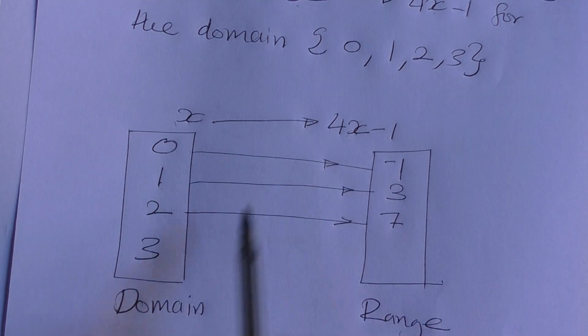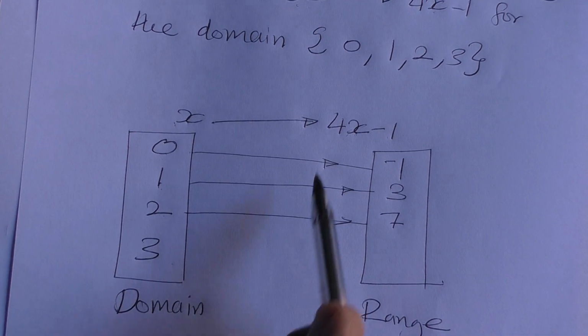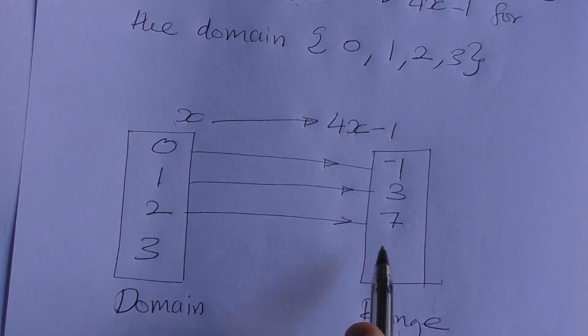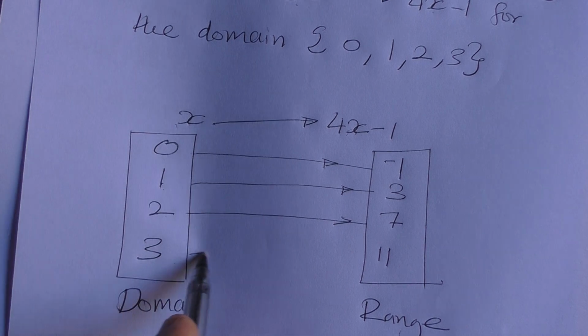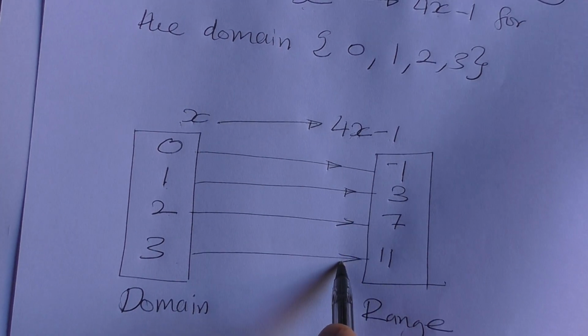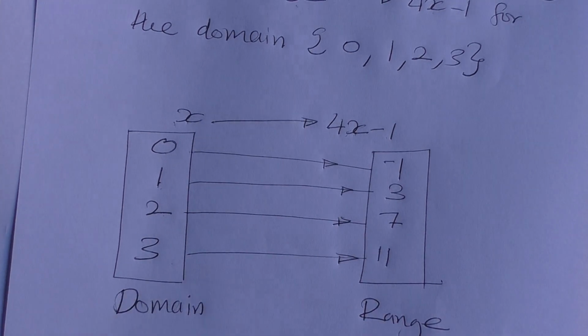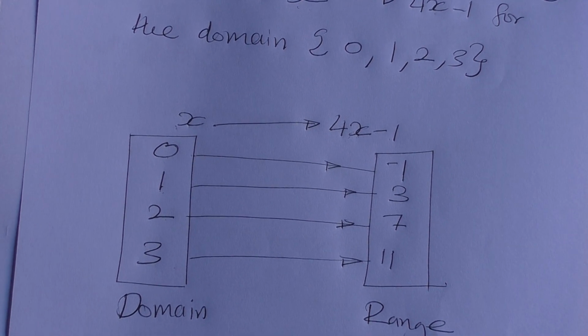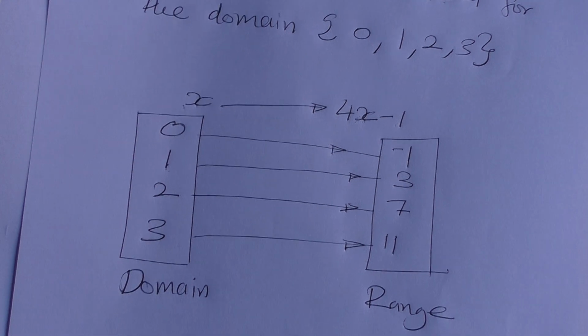And where there is x, we put 3, meaning 4 times 3, 12, minus 1, 11, meaning 3 is mapping to 11. So that is what we call arrow diagrams.